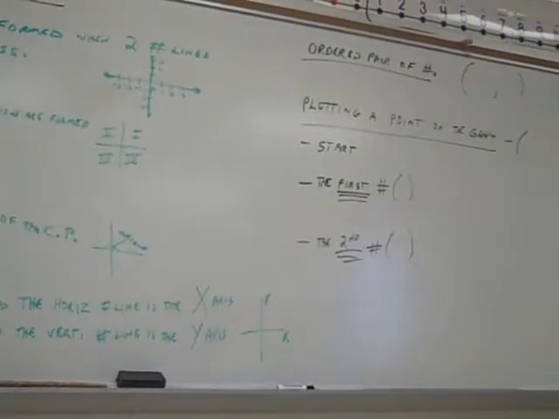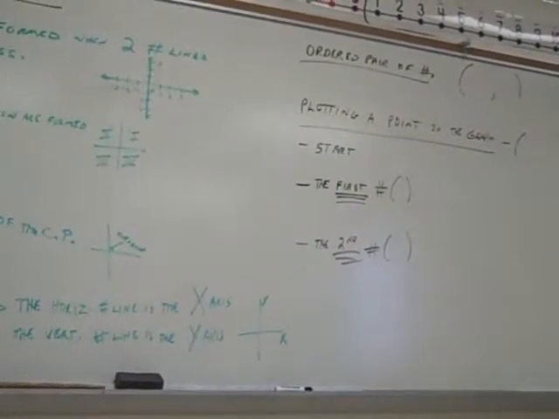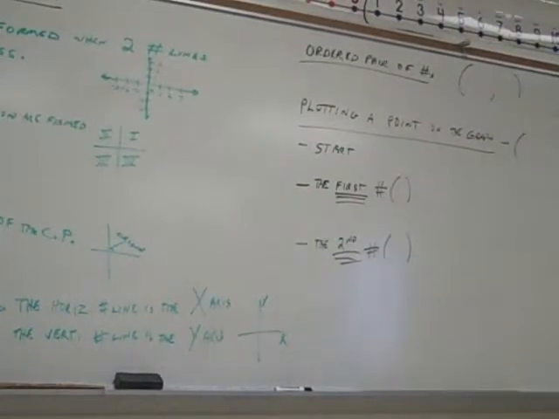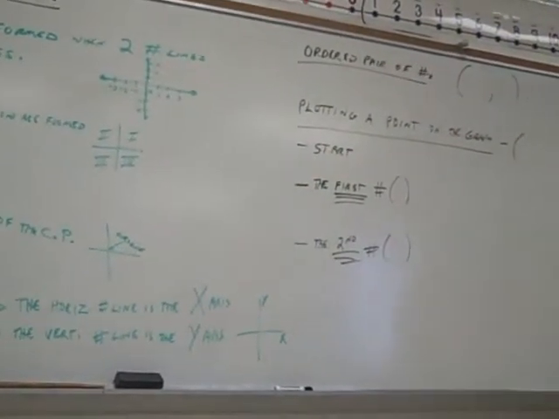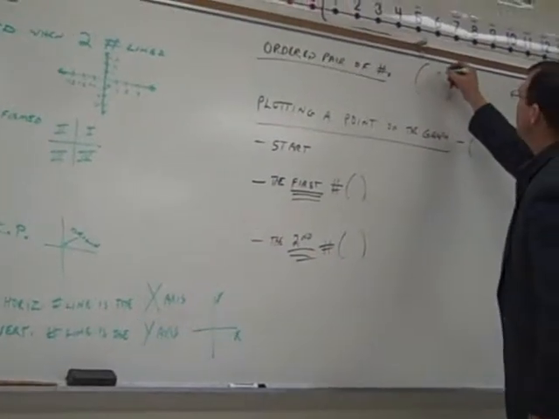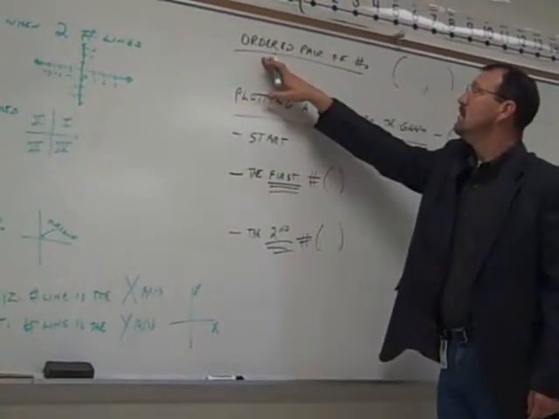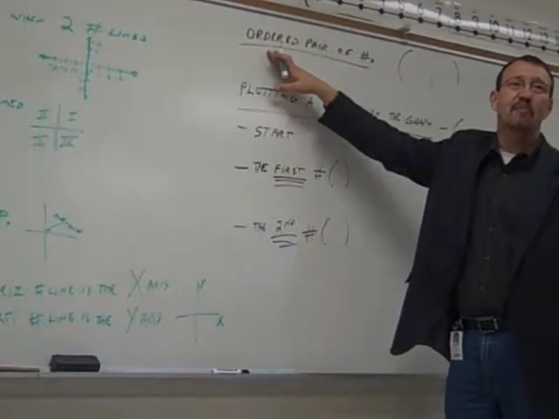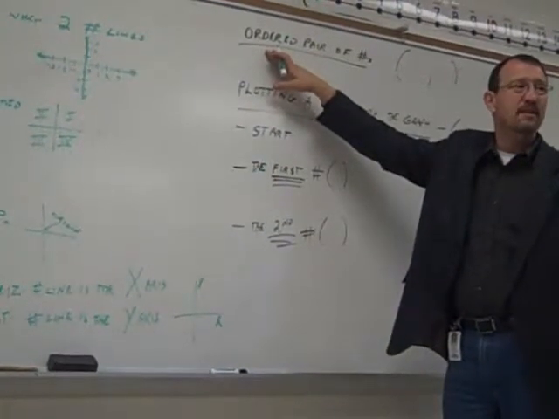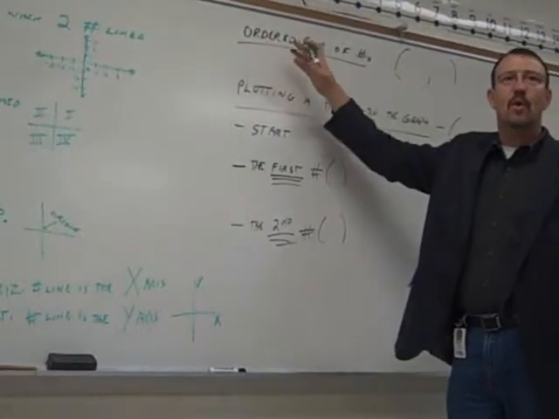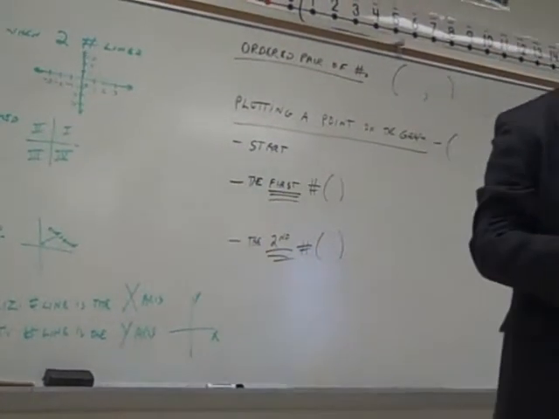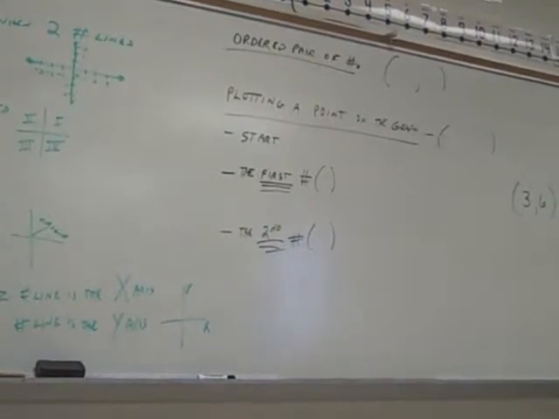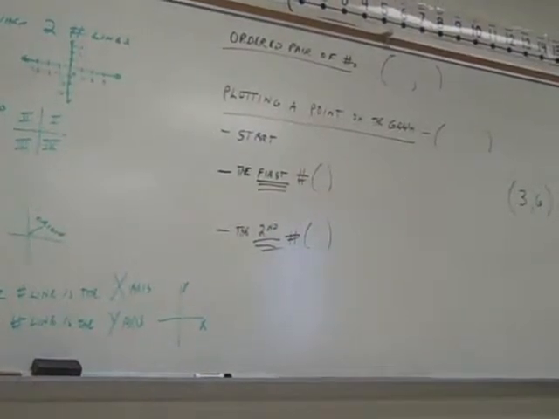All right. Now let's talk about ordered pair of numbers, and let's start finding location on the graph. What does ordered mean in mathematics? It's kind of hard to do without saying the word order, isn't it? Sequence.